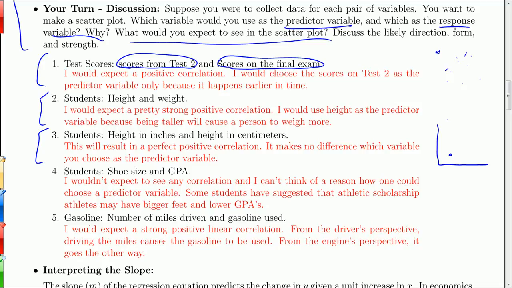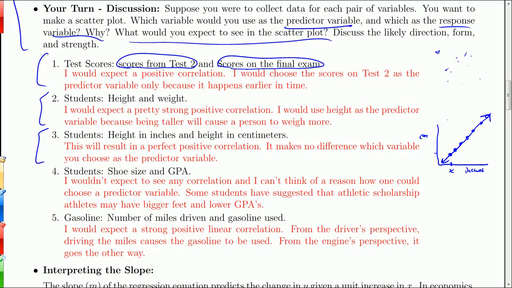Because if you are this tall in inches, we'll put inches down here and centimeters here, no one is ever going to be this tall in inches and be anything other than exactly this tall in centimeters. And that's the case for all of these. So you would actually get a perfect correlation, and the regression would be the line.